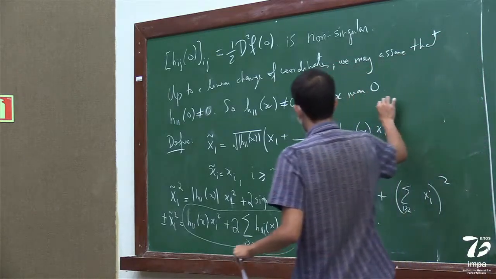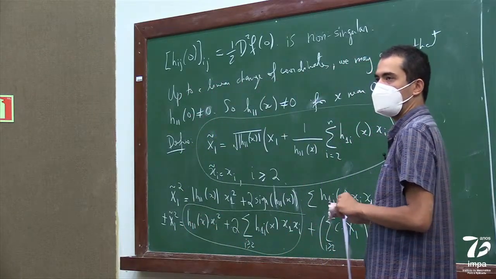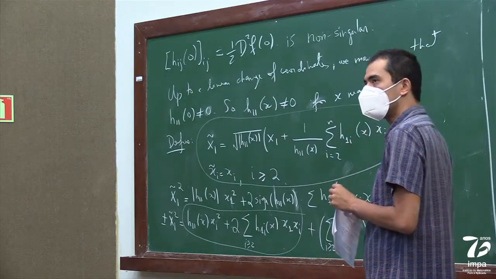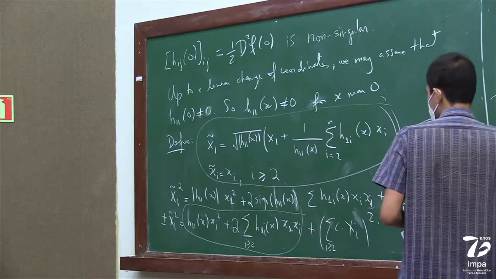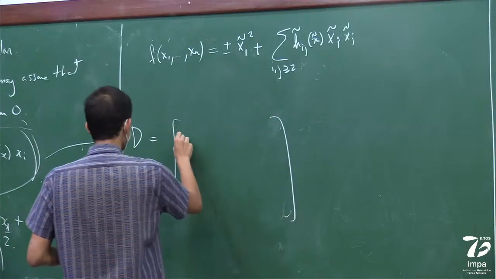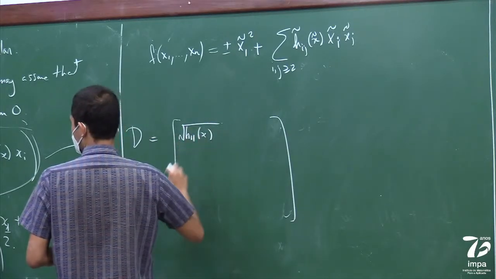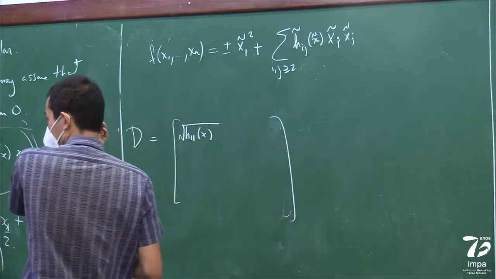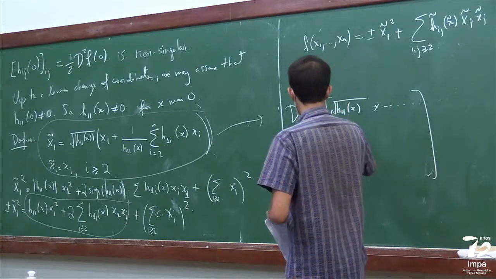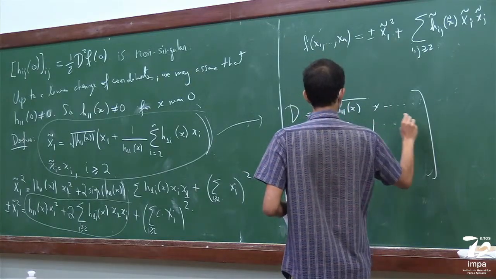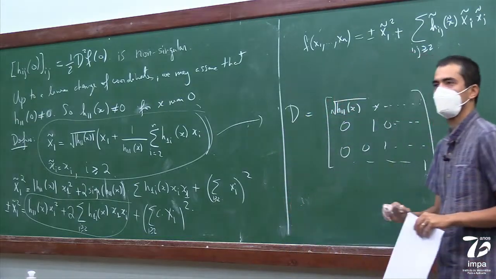So when you look at this transformation, what's the derivative of this transformation at 0? The derivative is a matrix that has this guy here, and then a bunch of other things here, but then it's going to be 0, 1, 0, and then 0, 0, 1, etc., like that.